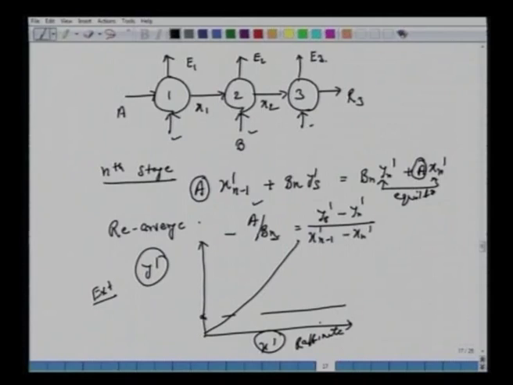Then starting with a certain amount of feed, you take this slope of minus A over B1, you have the equilibrium, get down here, then take another slope here and get down here, take another slope, etc. So that is stage 1, stage 2, stage 3. You can find out how much you have brought down in the raffinate phase starting from here. So this is based on your extractions.